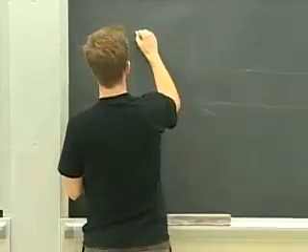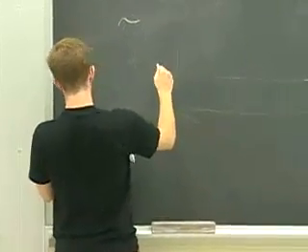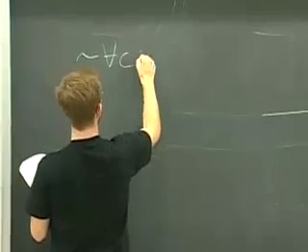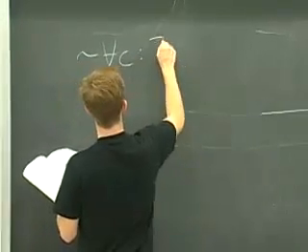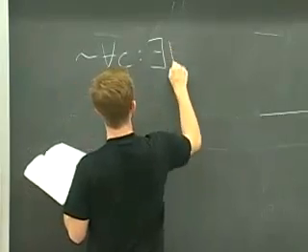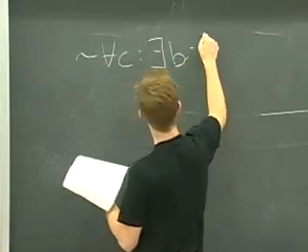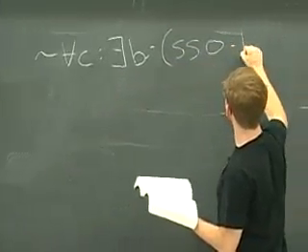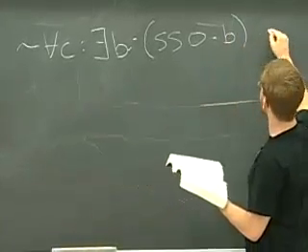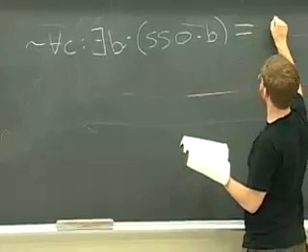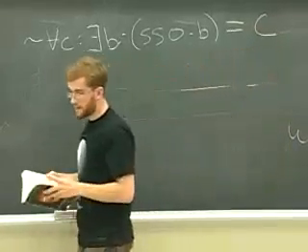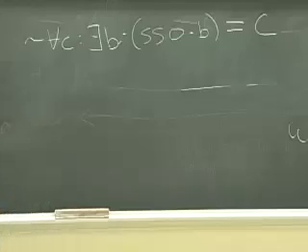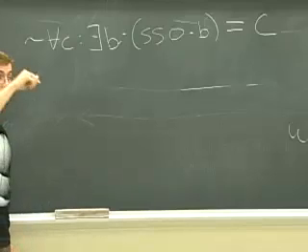So we have tilde, upside down A, C, colon, backwards E, B, colon, parentheses, SSO, dot, B, parallel lines, C. Okay. First of all, can someone tell me what this means by giving it an interpretation, and then tell me whether or not it's true or false?